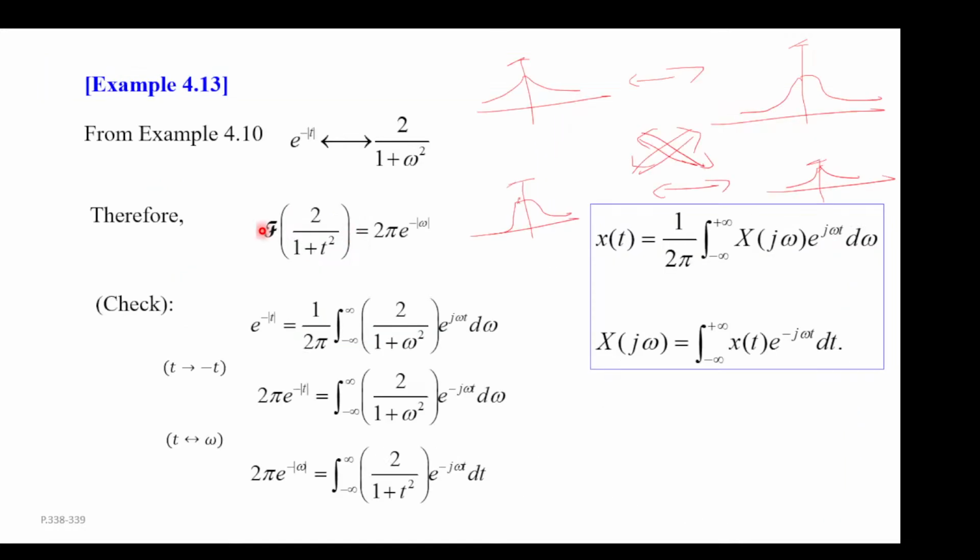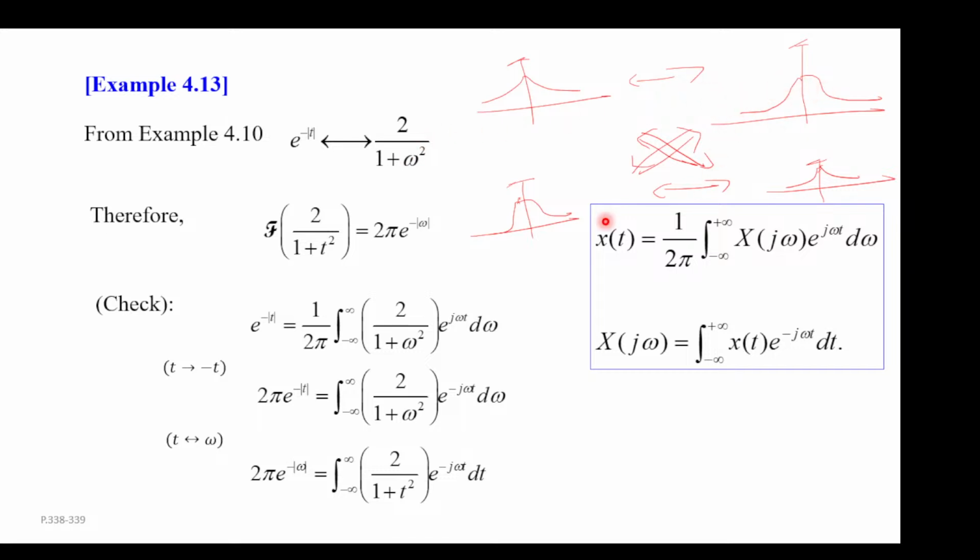So the function we just calculated is e to the minus the absolute value of t, and its Fourier transform is 2 over 1 plus omega squared. So this double-sided exponential decay goes to this kind of rounded polynomial decay.